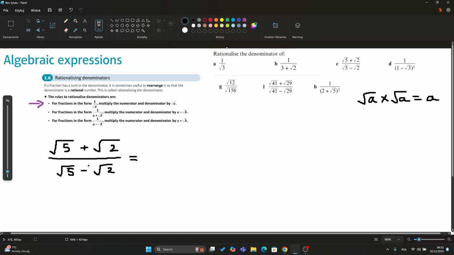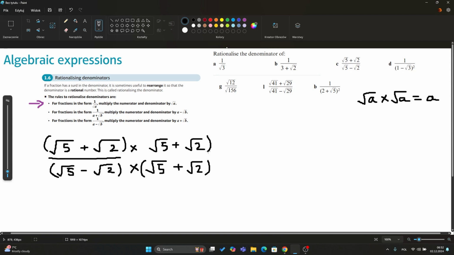Now if we have 5 plus root 2 over root 5 minus root 2, then we multiply the bottom and the top by the opposite of the bottom. So if it's minus root 2, then you do plus root 2. So what happens here, we expand the brackets and we get the following. At the top we get root 5 times root 5, which is 5. We have root 5 times root 2, which is root 10.